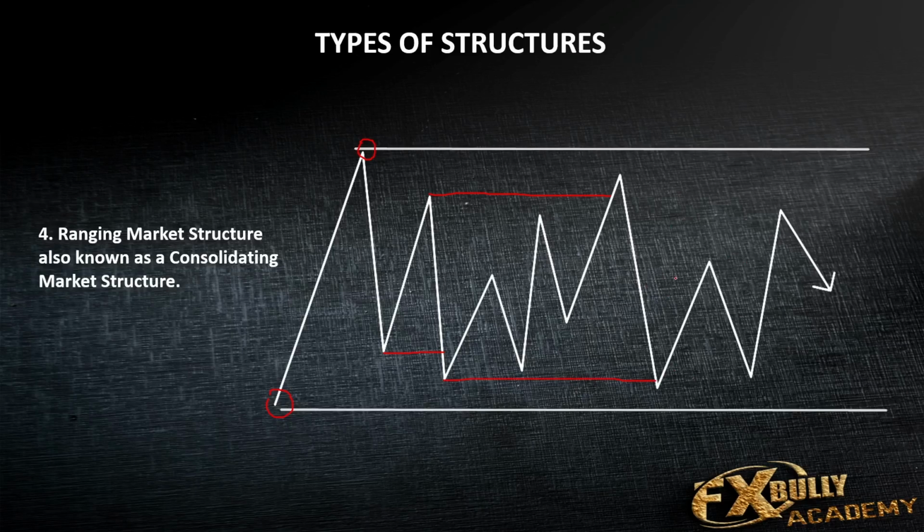And I then advised that within this type of structure, you rather work above and below the major highs and lows, right? And you would sell above those highs and you would buy below those lows.